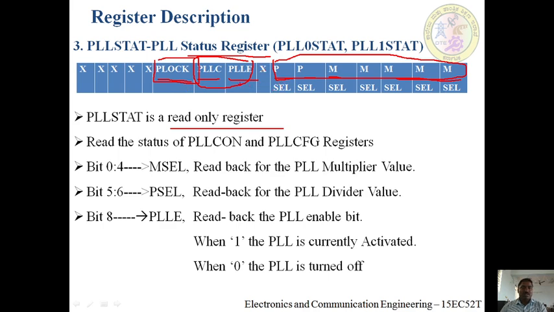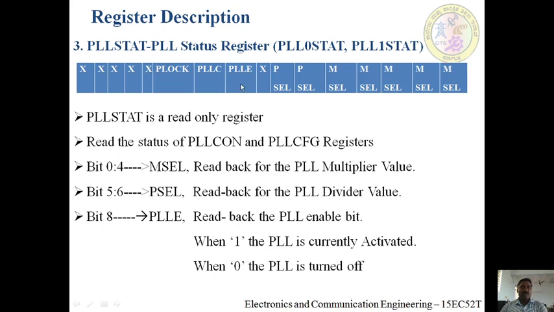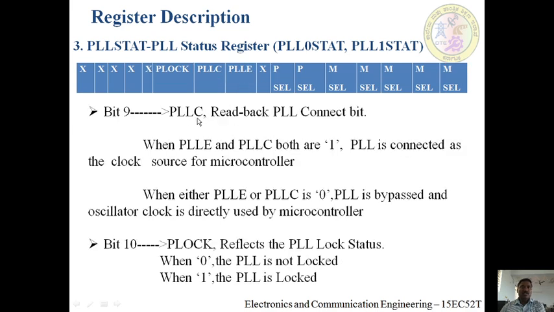Then bit number 9 is PLLC, that is the read back PLL connect bit. And when these two are 1, then it will give the source to the microcontroller, as we have studied already. The only extra bit here is PLOCK, so it reflects the PLL lock status.